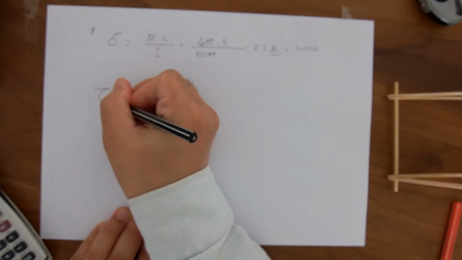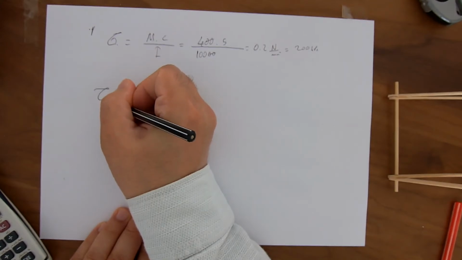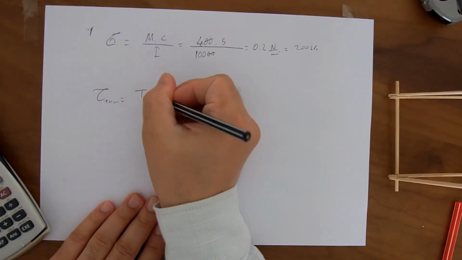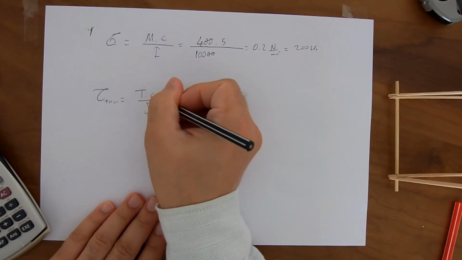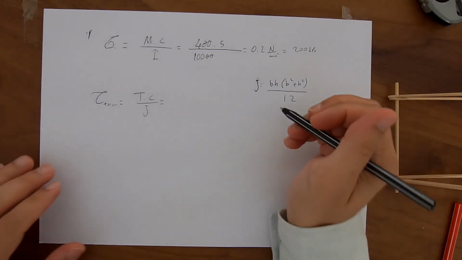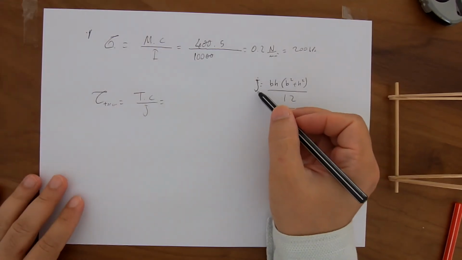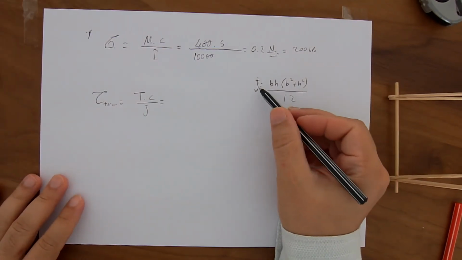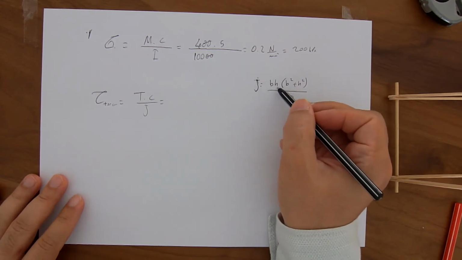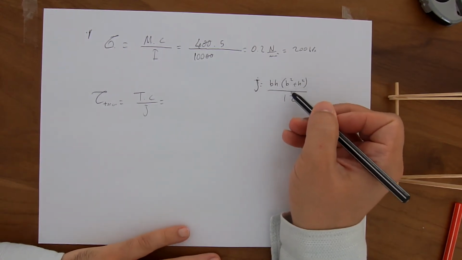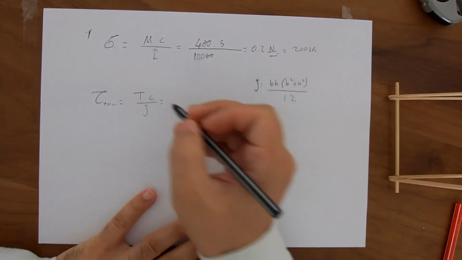Tau for torsion is equal to T times C over J. I looked up the polar moment of inertia of a rectangular cross section, and J is equal to BH in parentheses B squared plus H squared over 12.